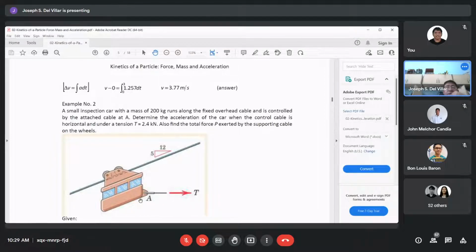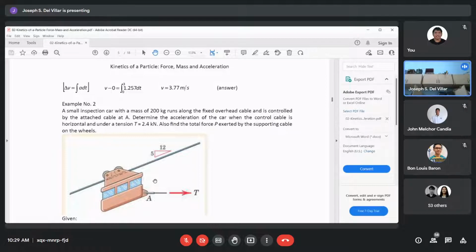No? Now, determine the acceleration of the car when the control cable is horizontal and under a tension T equal to 2.4 kilonewtons. Also, find the total force, P, exerted by the supporting cable, okay, on the wheels. Okay?